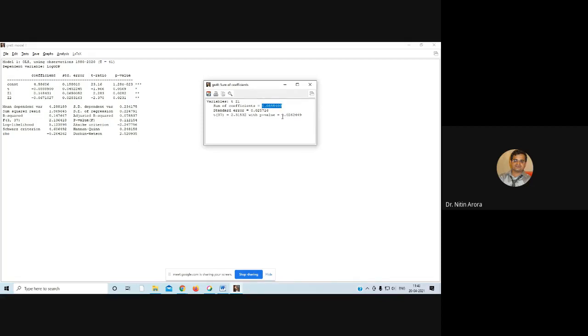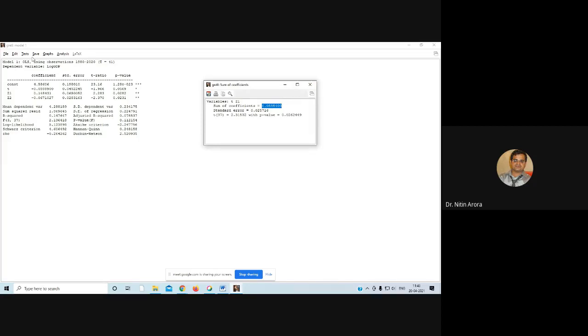But at the 5% level, which is the most common level of significance, 0.02 is less than 0.05. So it means your sum of coefficients, that is the growth rate in the period 1985 to 1991, is statistically significant and positive at the rate of 5.95%.